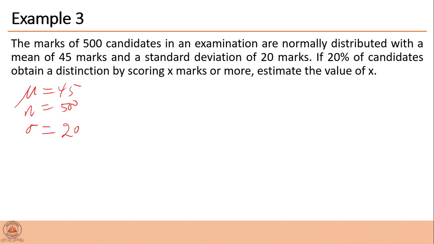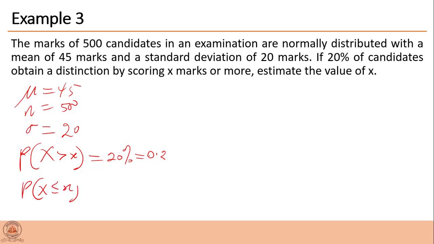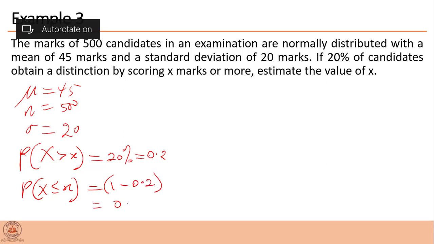So we are interested in the probability of X greater than small x, and that probability is 20%. 20% is the same as 0.2 if you divide 20 by 100. So we get probability of X less or equals to x should be equals to 1 minus 0.2, which is equals to 0.8.